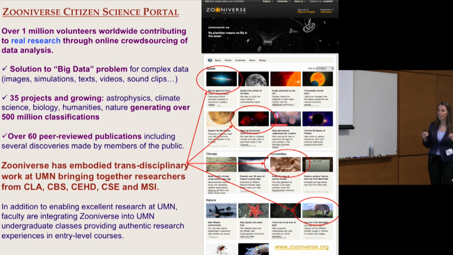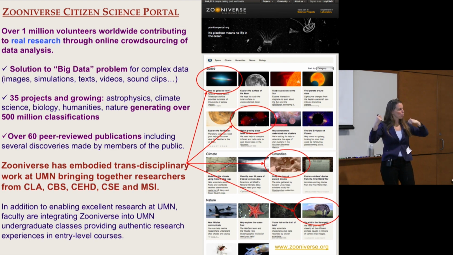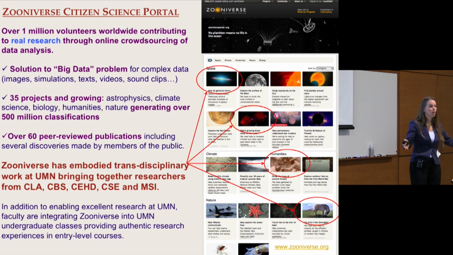So the point here that I'm trying to make is this is your money, okay? Make use of it. I'm the keeper of it, but please, you should feel that the Zooniverse is a tool that is now here at the University of Minnesota that you should make use of if you can. And we would like to help you do that.